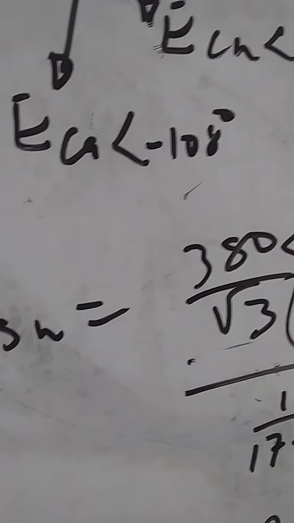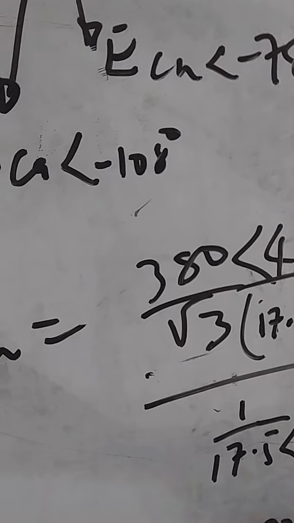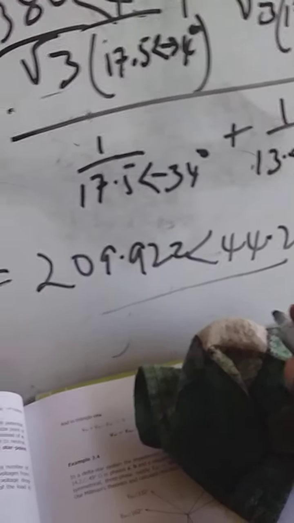So when you solve for VSN, what do you get? You get 209.992 at angle 44.22 degrees volts. That gives you your VSN.